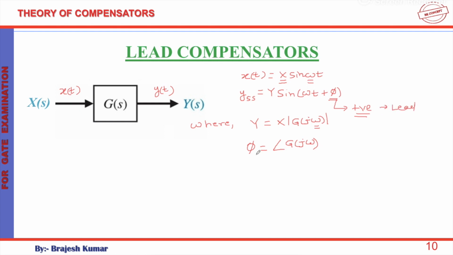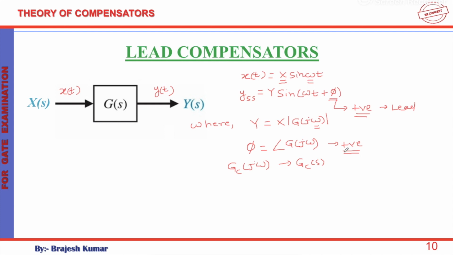So we want a transfer function of compensator, say G_C(j omega), the sinusoidal transfer function of the compensator. We want G_C(j omega) or correspondingly G_C(s) such that this phi is positive.